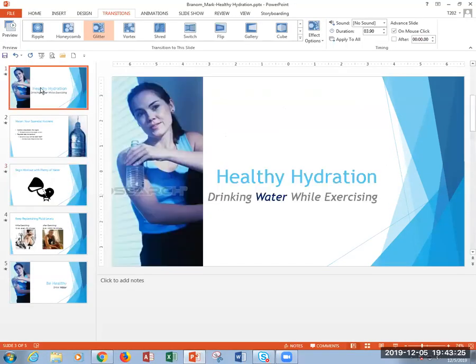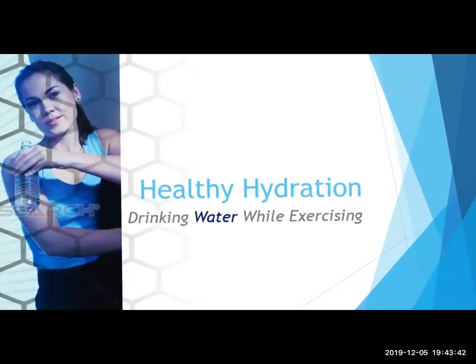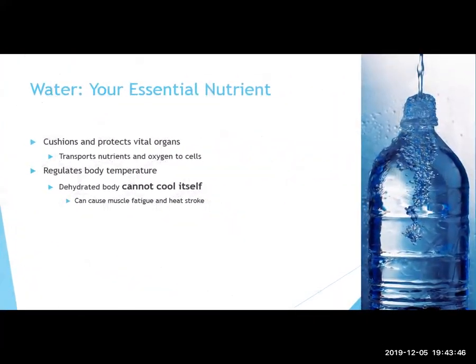Or another really bad one is, well, honeycomb is kind of bad for kind of the same reason. So if I do honeycomb and I apply it, it has the honeycomb, and then it goes to the next slide, and it goes honeycomb to the next slide, and so on.